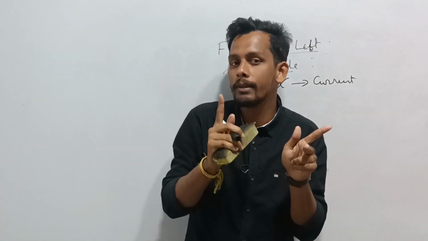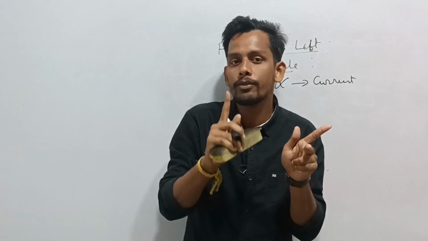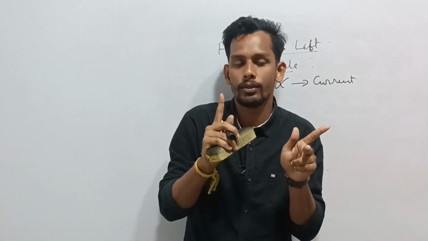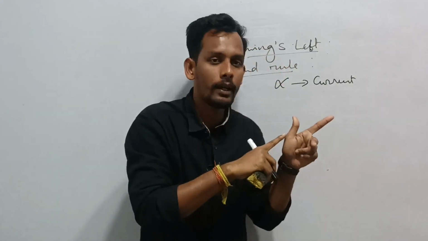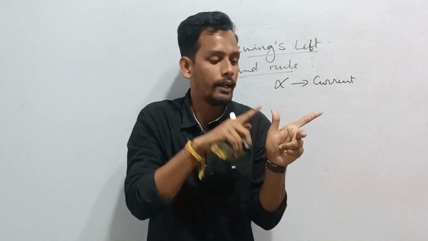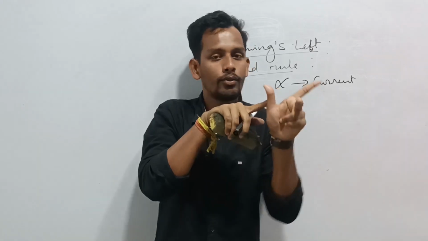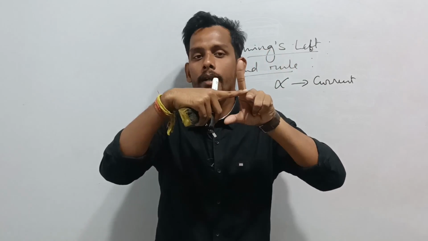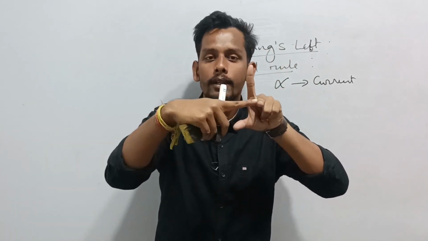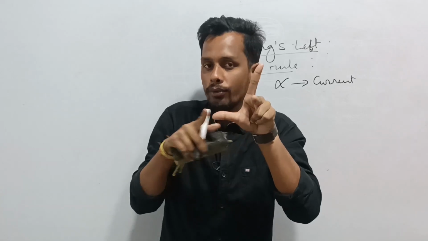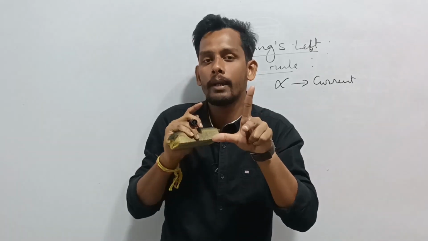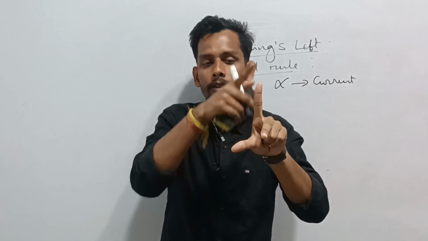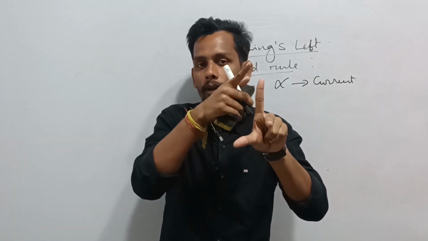That displacement, remember always, is the direction of force. So the force is towards your right, and the direction of the alpha particle, that is current, is back to front. What will be the direction of the magnetic field? See, the direction is upward. Clear?